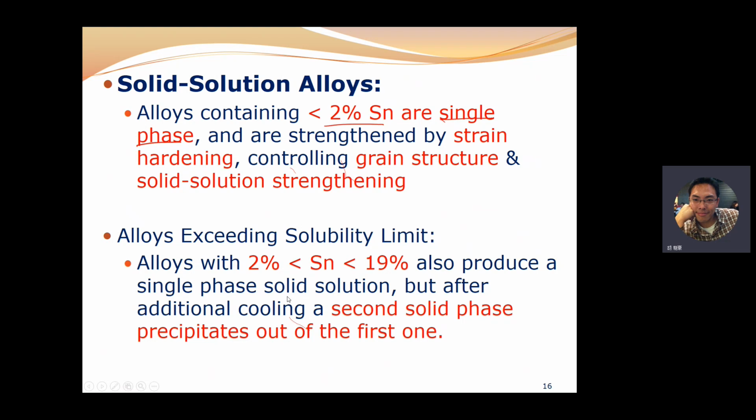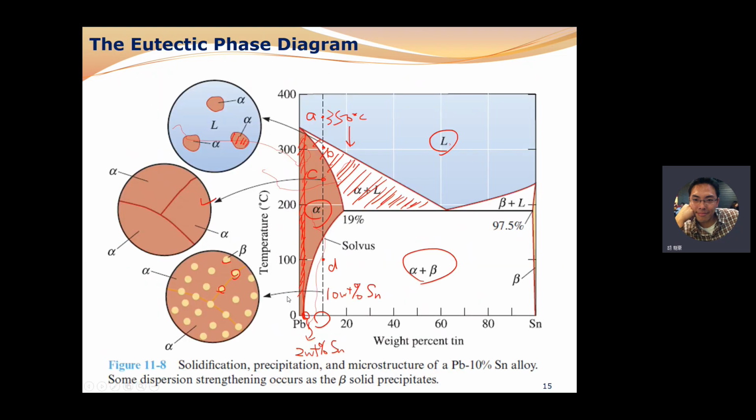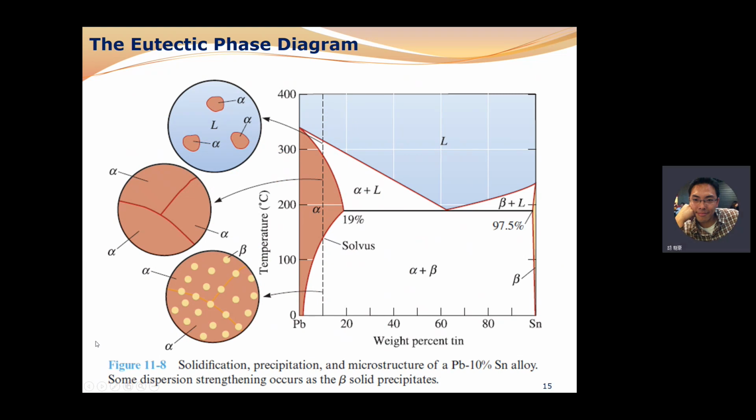that also produces a single phase solid solution. But after additional cooling, a second solid phase precipitates out of the first one. So what does that mean? Let's look at this phase diagram. Previously I mentioned that the tin composition is smaller than 2%.